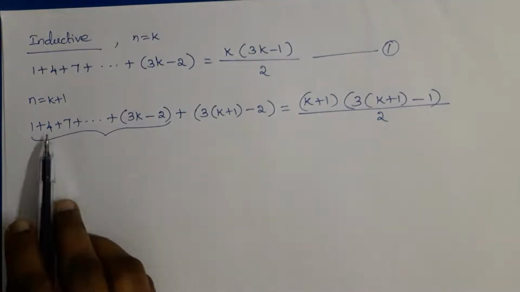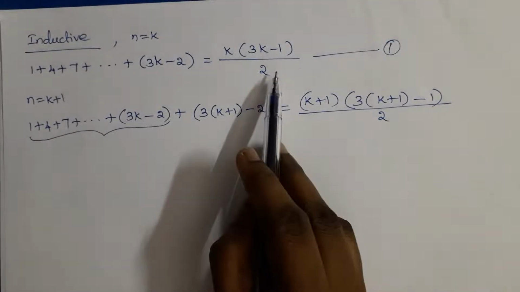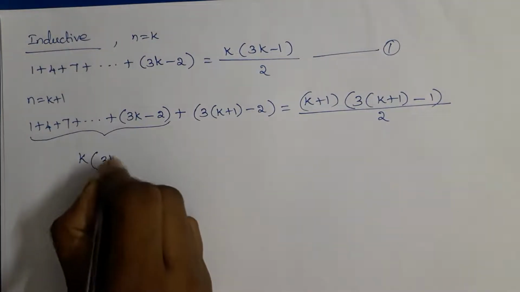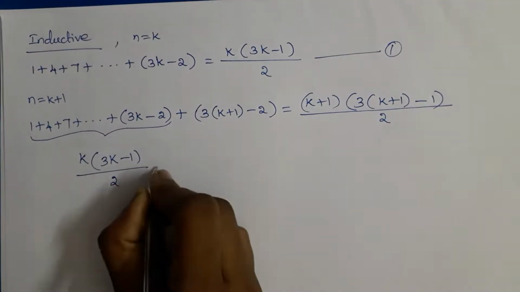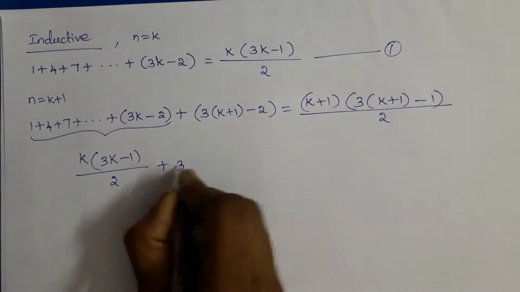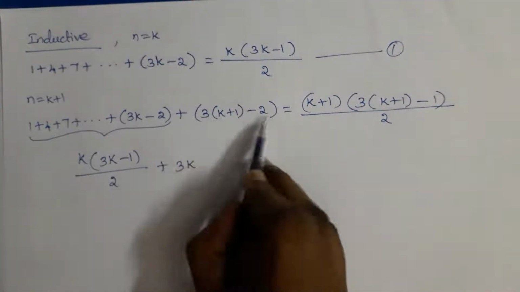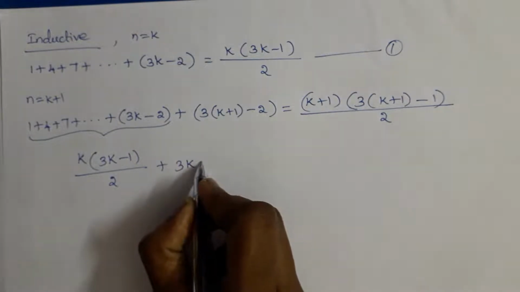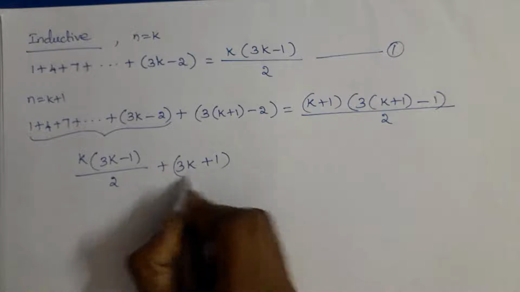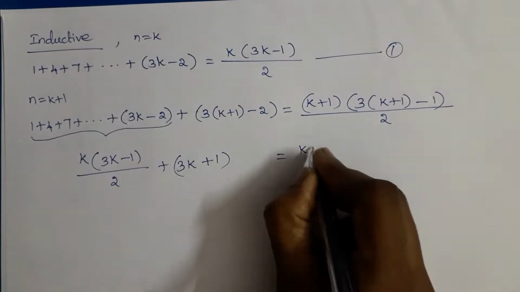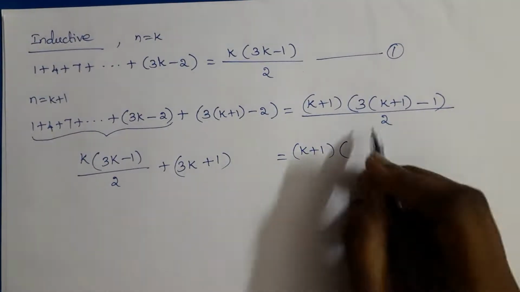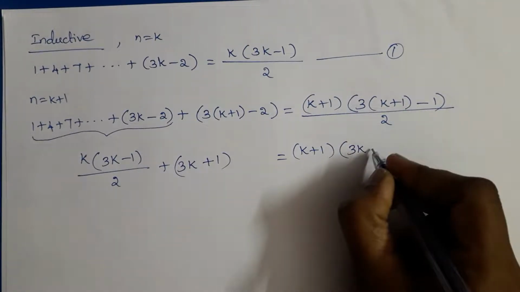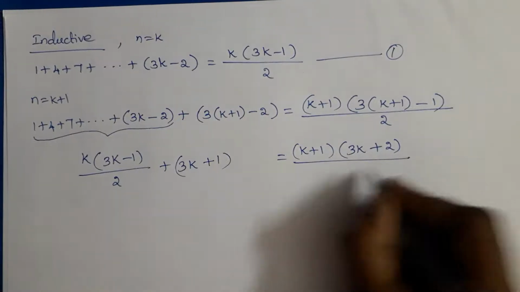So instead of 1 plus 4 plus up to 3k minus 2, we can substitute this equation: k times 3k minus 1 divided by 2 plus the k plus 1th term, 3 times k plus 1 minus 2. We can expand this: 3k plus 3 minus 2 is 3k plus 1. On the right hand side we can simplify: 3k plus 3 minus 1 is 3k plus 2, divided by 2.